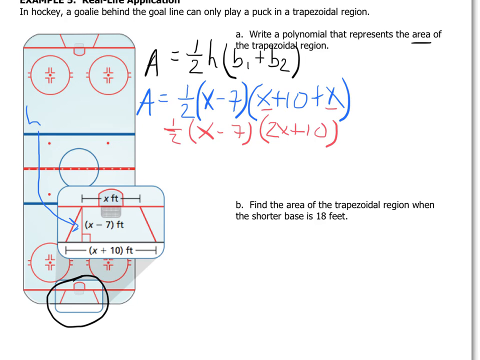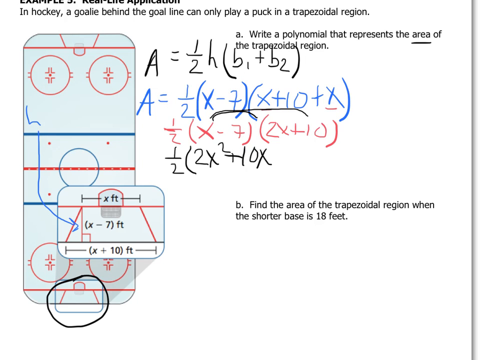So the next thing I'm going to do is use my distributive property, or actually my FOIL method, very similar, and I'm going to multiply the x times the 2x. So we're going to bring down our 1/2 for now. x times 2x is 2x squared. Then I'm going to do my outer terms, so x times 10 is plus 10x.